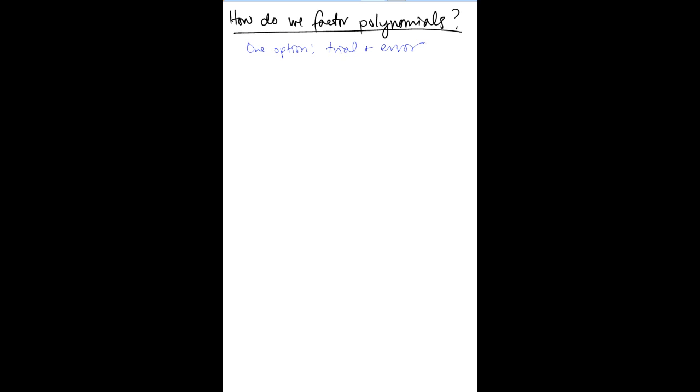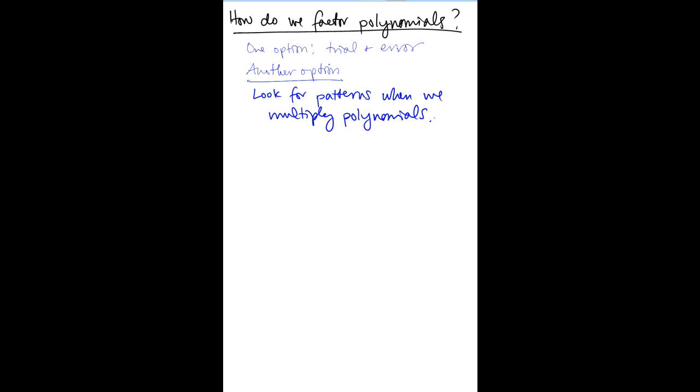So another option, and one that I think is probably better, is we can look for patterns when we multiply polynomials. And once we recognize those patterns, we can then employ them in the opposite direction. If we multiply a bunch of different things together and see what the patterns are, then we can identify polynomials that fit those patterns when we want to factor.